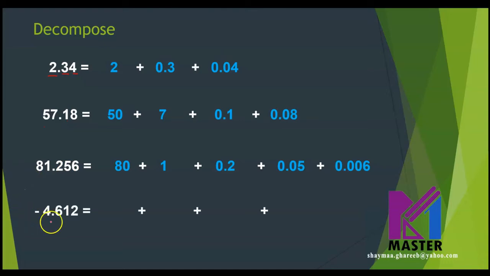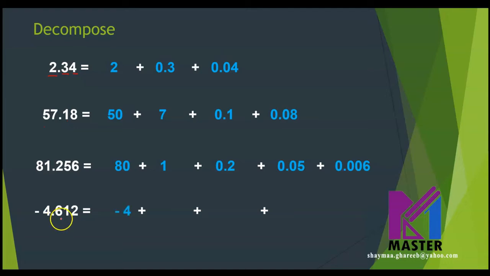One more number. This number now is a negative number. So all the values will be negative numbers. So when I say this is the units, then tenths, then hundredths, then thousandths, this 4 is in the units place. So its value is 4. But because this is a negative number, its value will be -4.